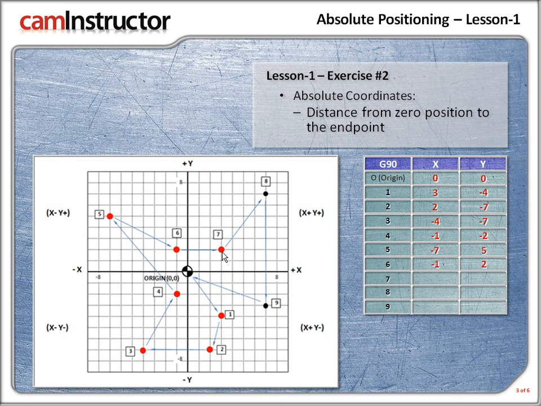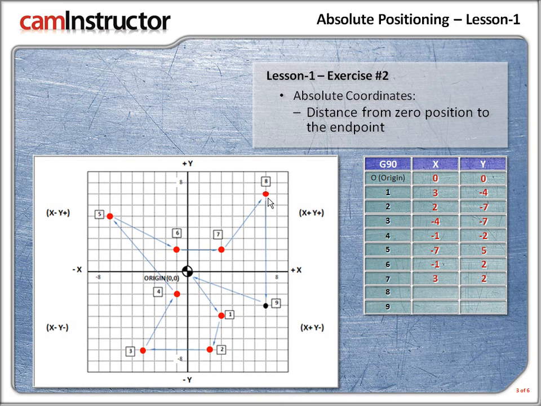Now let's check out 7. So we're to the right of the y-axis, so the x value is going to be positive, and we're at 1, 2, 3 squares. So for position 7, x is positive 3, and the y, we're 2 squares up, and the y is positive 2. So for position 7, x is 3, and y is 2.